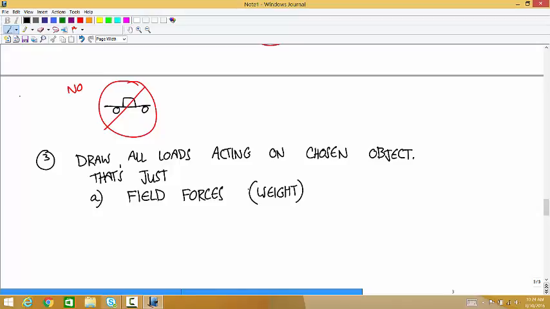But for us, it's just the weight. So first, draw the weight force acting on the object. And then second, just go around the boundary looking for places where the outside world makes contact.